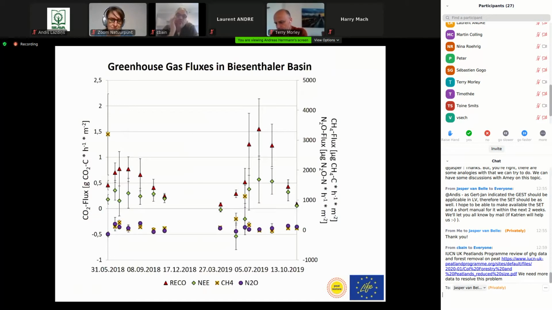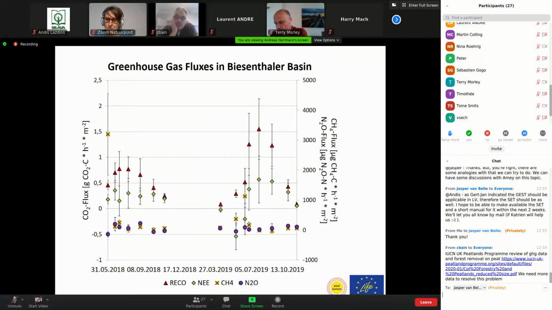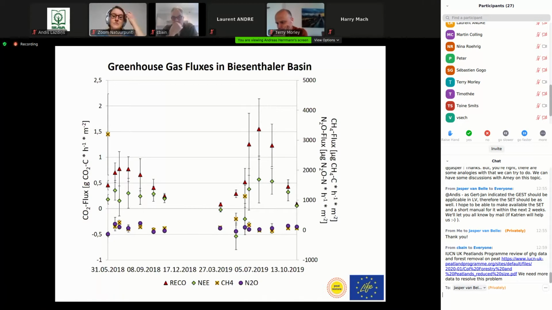So some preliminary results from the last 2 years. It's about the greenhouse gas fluxes in the Biesenthaler Basin, or Becken. This is our German side. We have plotted here the different greenhouse gases as hourly data.